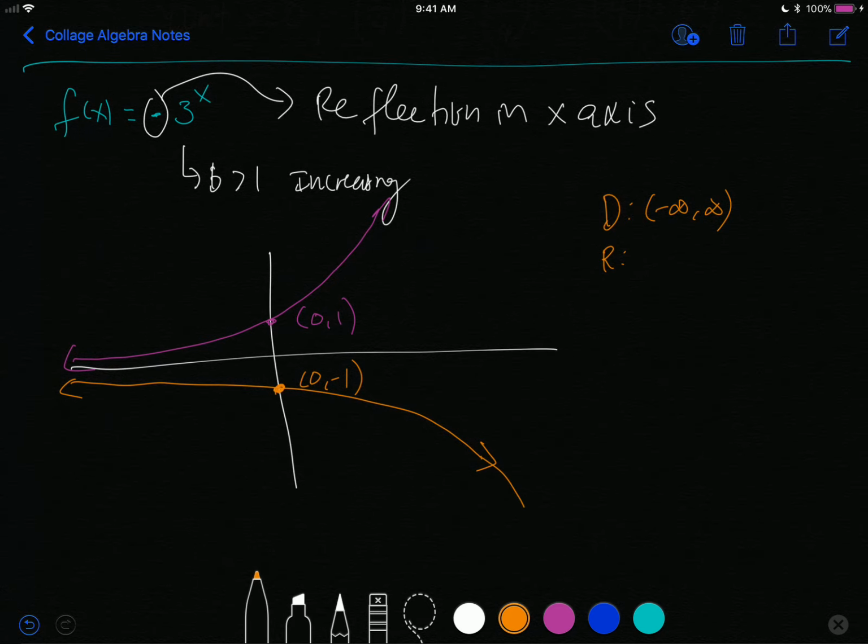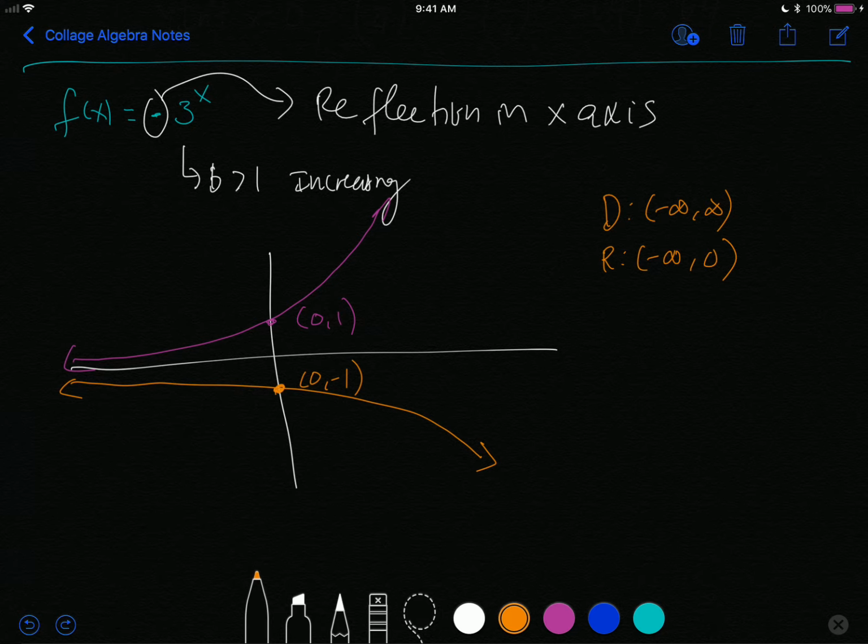This graph is going down to negative infinity, and it has a ceiling of 0 because of the horizontal asymptote. And so my range is now only negative values. Think about it. If I plug a number into x, I get an answer, and then I make it negative. My answer is always going to be negative, so this is a negative function.